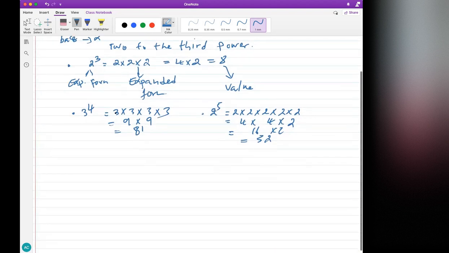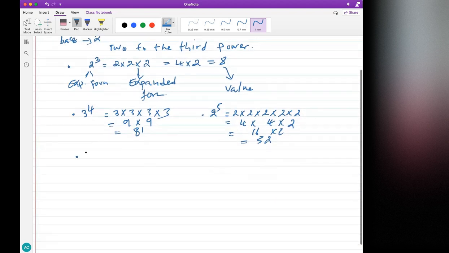Okay, so that works also with fractions. Let's say you have 2 over 3, maybe to the fourth power. It works the same way. You can multiply this by itself 4 times, 2 over 3, 2 over 3, and so on. Or you can just split this into 2 exponents.